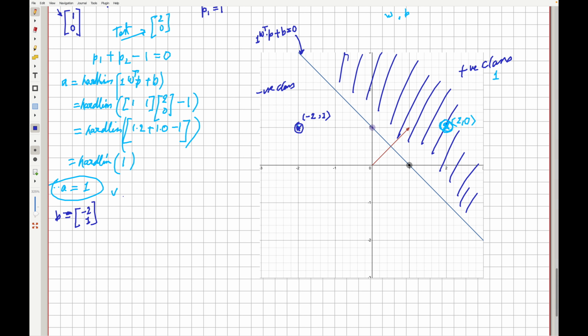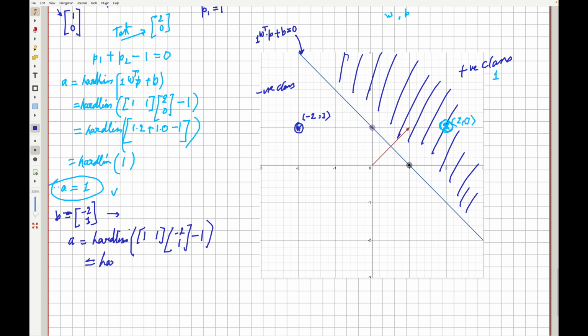Again we do the same thing. We say a is equal to hardlim, and this time I'm going to directly write the weight vector and the vector for the input. So this is -2 1, and then we have the bias of -1.